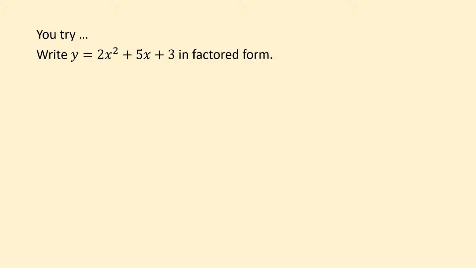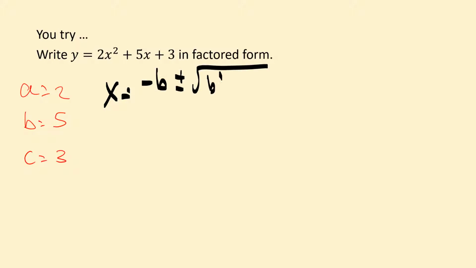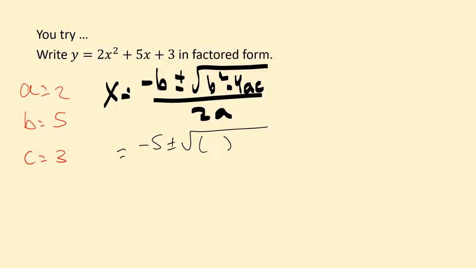All right, so we're going to solve this by using the quadratic formula. I've got a, b, and c: a is equal to 2, b is equal to 5, and c is equal to 3. The quadratic formula is x equals the opposite of b, plus or minus the square root of b squared minus 4ac, all over 2a. Let's start working on this. This would be negative 5 plus or minus the square root. Once again, everything I'm going to substitute in, I'm going to substitute in parentheses.